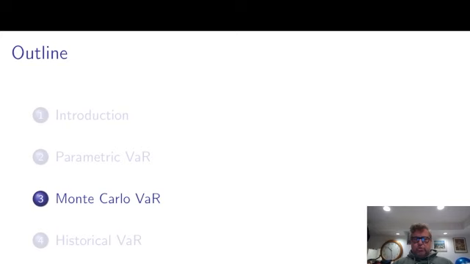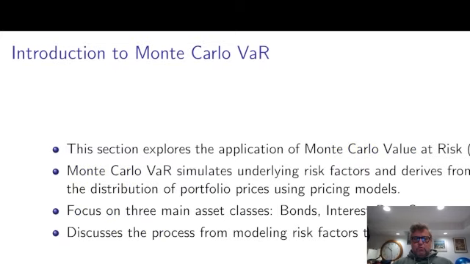So let's move on to Monte Carlo VaR. So we'll talk in this section explicitly just about Monte Carlo VaR. And here we basically have a mathematical model that simulates the underlying risk factors.